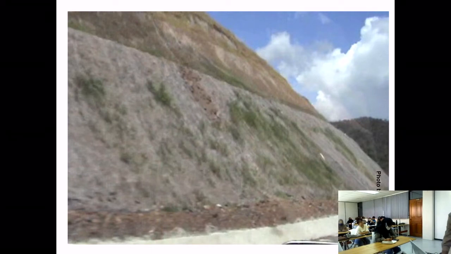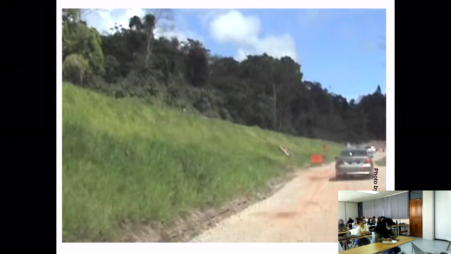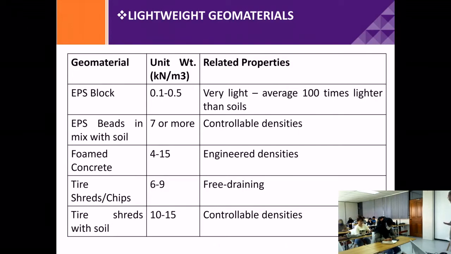If you can do that, then of course you can have a better slope like this, right? That is a greener slope. I think you have seen this before in our first lightweight geomaterial, right?